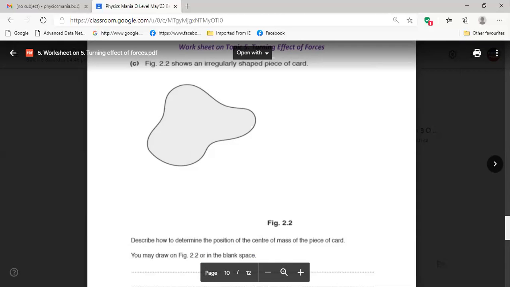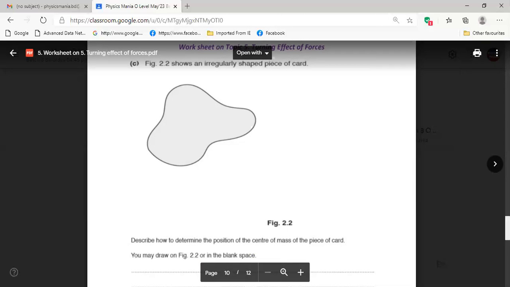This is very important, you have to hang it in a way that it can move freely. Otherwise, it will not be in equilibrium position, right? Yes, mention it, sir, so that it can move freely. Then after doing this, you draw the plumb line.